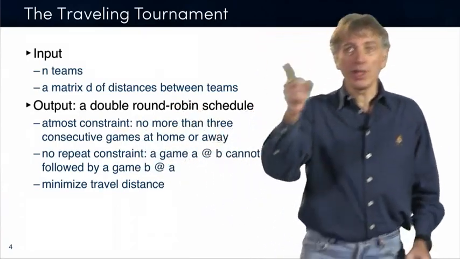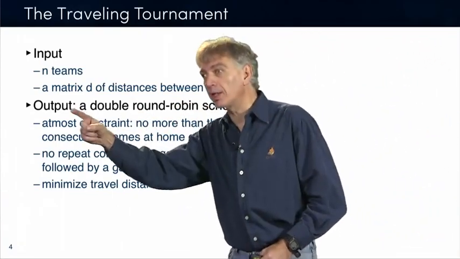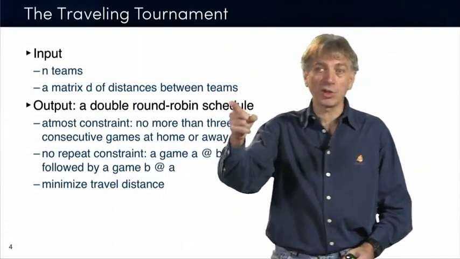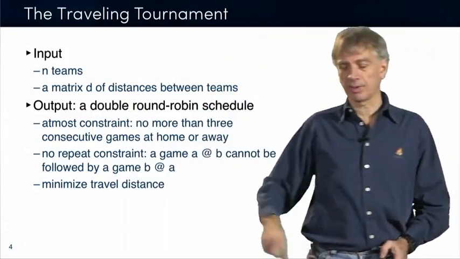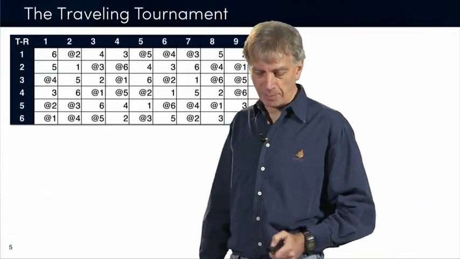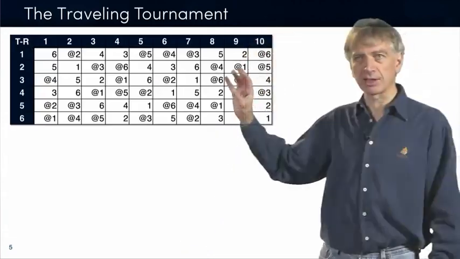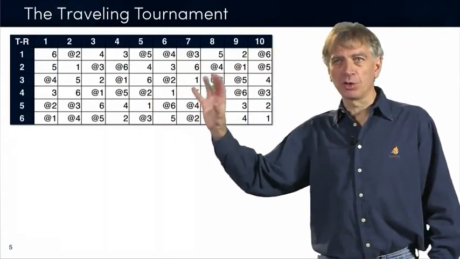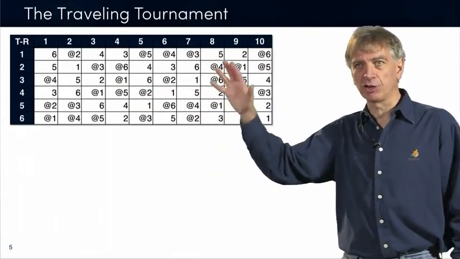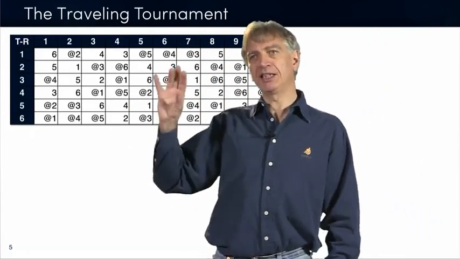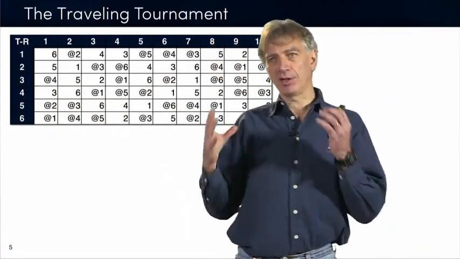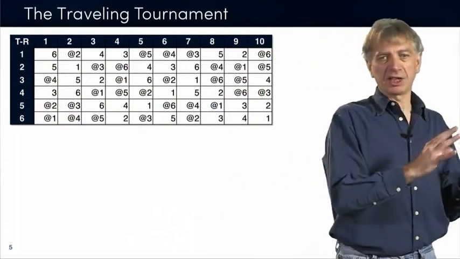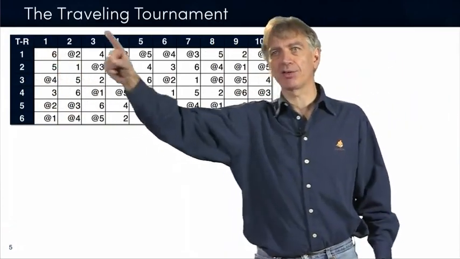Every week a team plays against another team, and sometimes it doesn't travel, sometimes it has to travel, and therefore you want to minimize this travel. I'm going to illustrate that on a particular schedule. This is essentially everything you need to know to understand this problem. This is a schedule for a TTP with 6 teams, and obviously if we have 6 teams, since they have to play against each other twice, we will have 10 weeks.